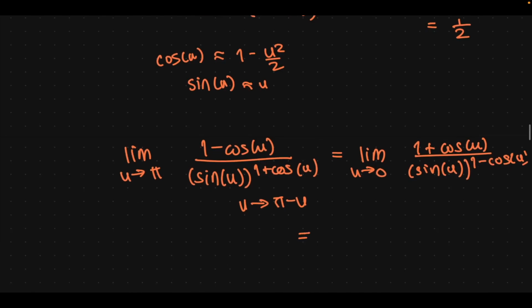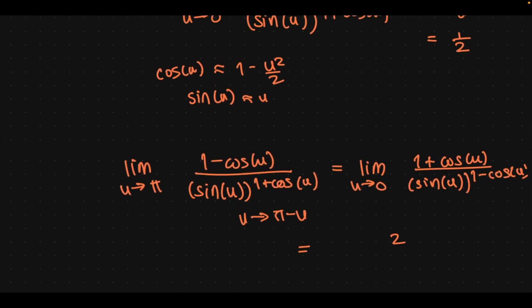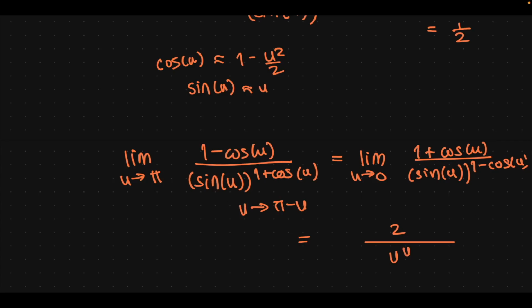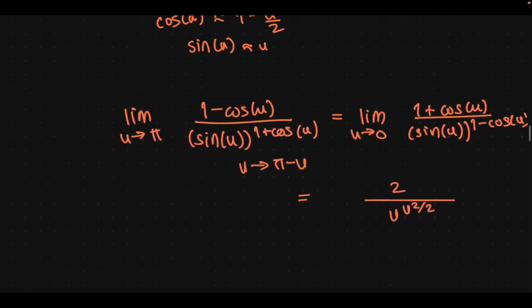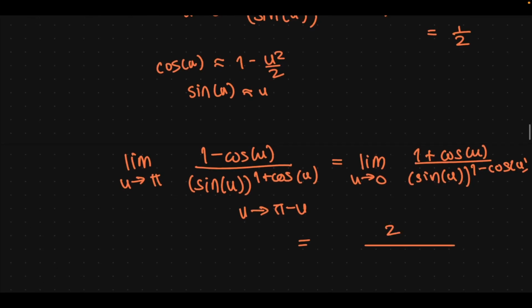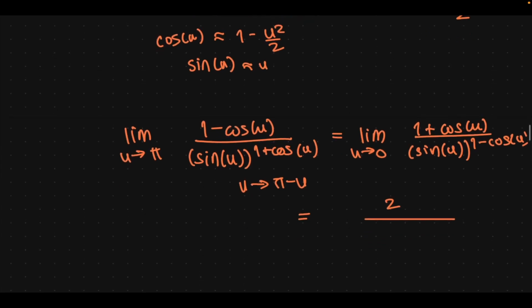With a similar analysis as before, we get that we have a 2 in the numerator from the Taylor series expansion, and we have sine u to the u squared over 2, but u is going to 0, and that will dominate.